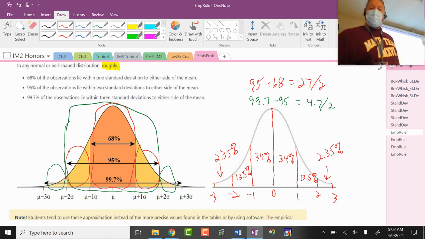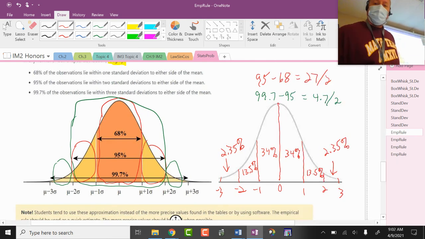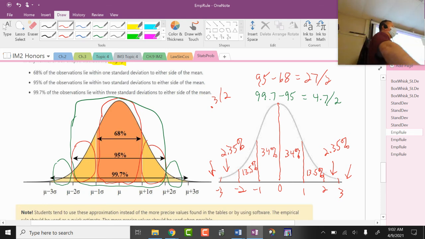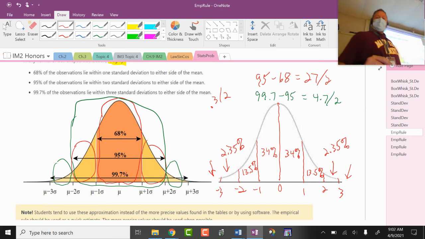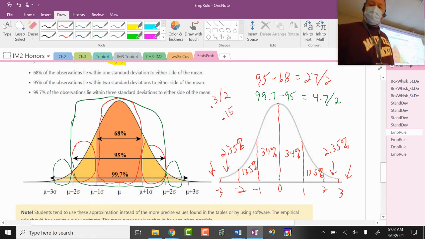So what happens after these values? All you do on this one is take 0.3 and divide it by 2 because you're missing 0.3% of the data. And 0.3% of the data is divided up into those last two tails, all right? Which is 0.15. Now remember, this is 0.15%.